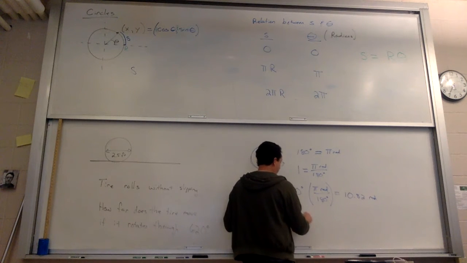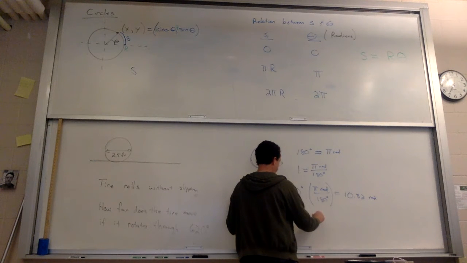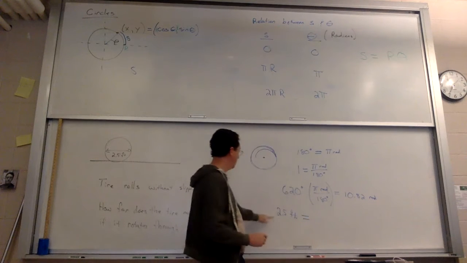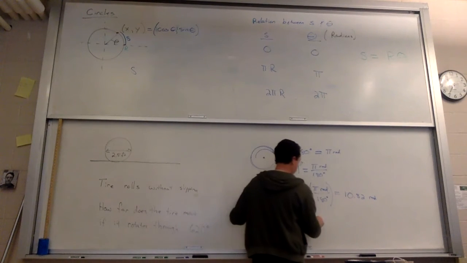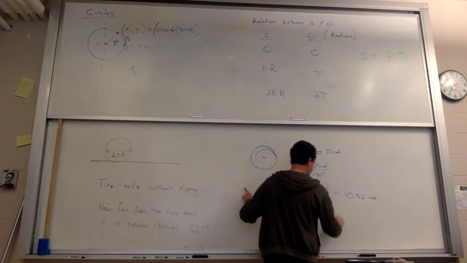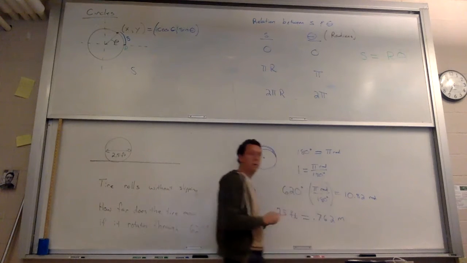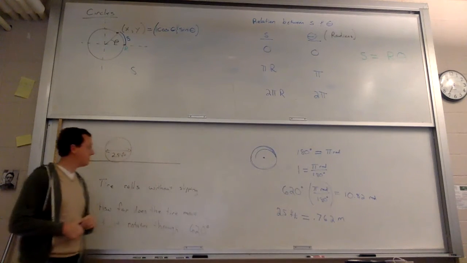What do we get when we convert that? For the 2.5 feet, 0.762 meters. That's the diameter.